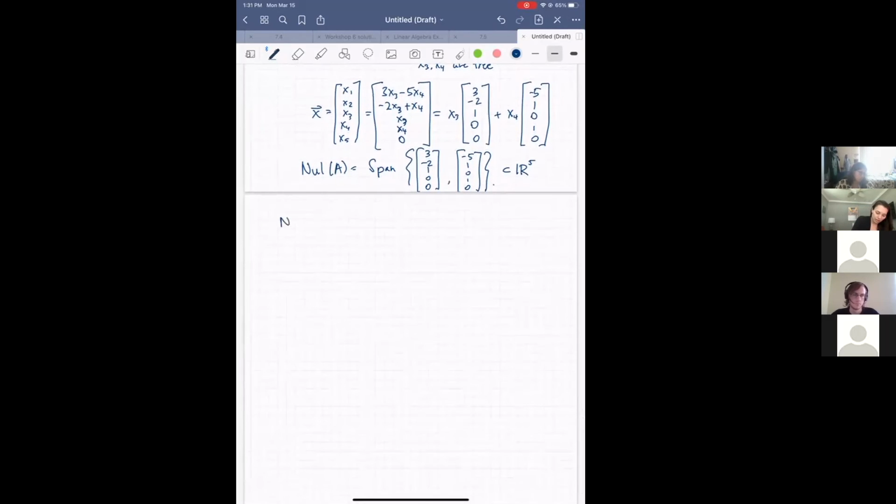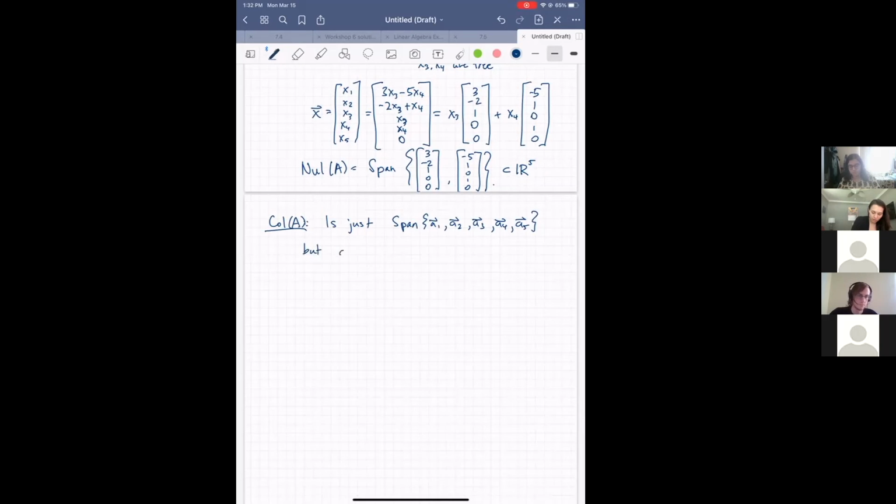So we might want to just exclude those because they're not necessary, right? So now we're talking about the column space. This is the span of A1, A2, A3, A4, and A5, where those are just the columns.